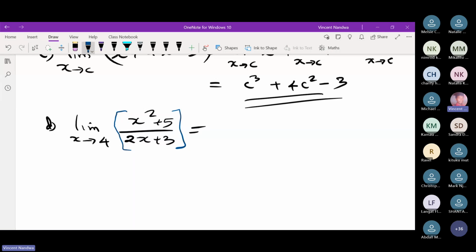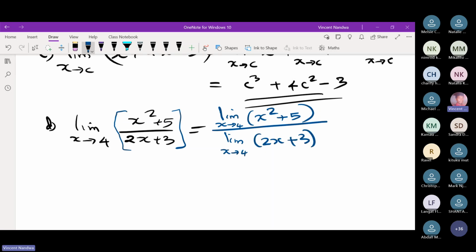So this is the same as the limit as x approaches 4 of x squared plus 5 over the limit as x approaches 4 of 2x plus 3. So the first step is to use the quotient rule because now the function is in the form of a fraction, or two polynomials have been divided. In the numerator you use the sum rule.